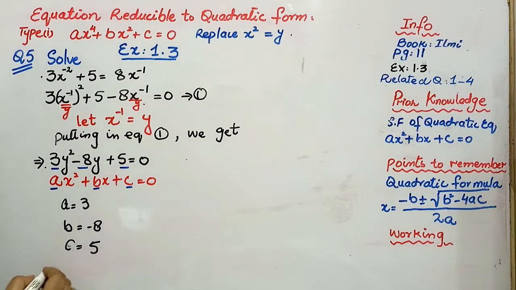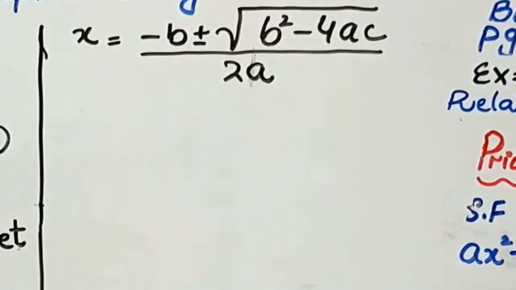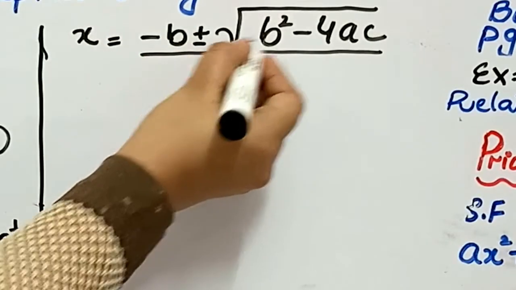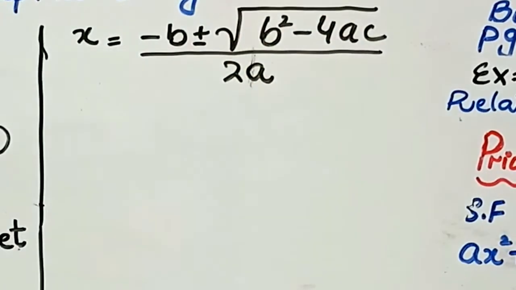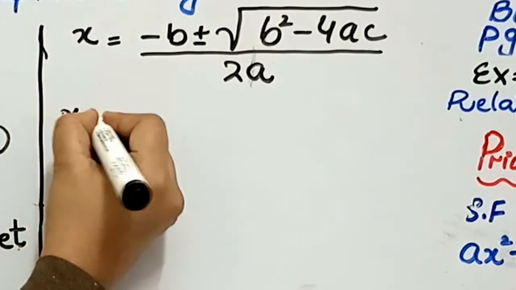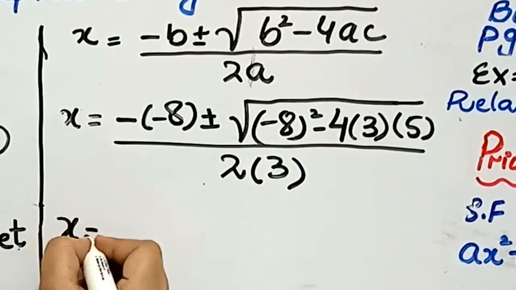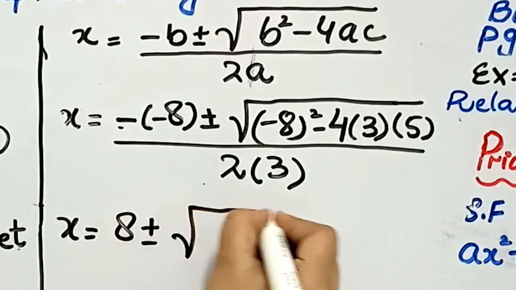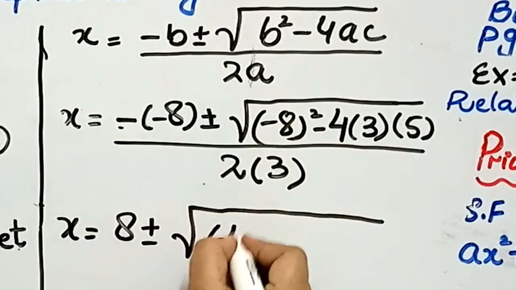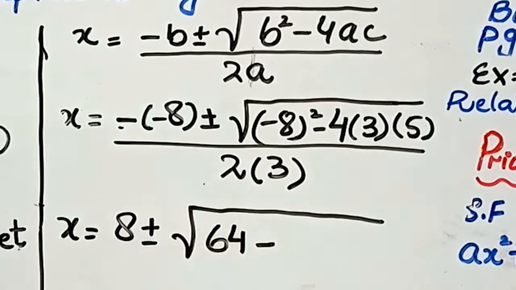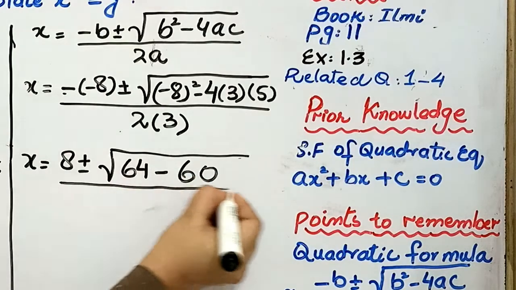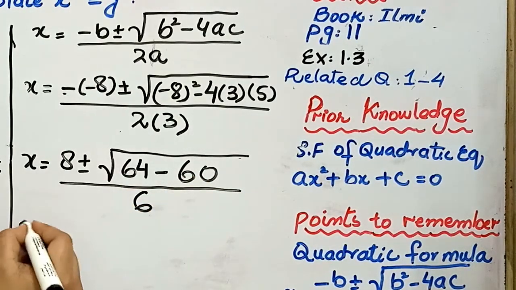Now we know the quadratic formula, that is x is equal to minus b plus minus under root b square minus 4ac by 2a. Let's substitute all the a, b and c values over there. So x is equal to minus minus 8, that is plus 8, plus minus under root 64 minus 60, divided by 6.